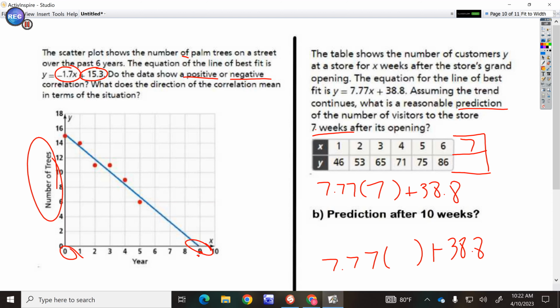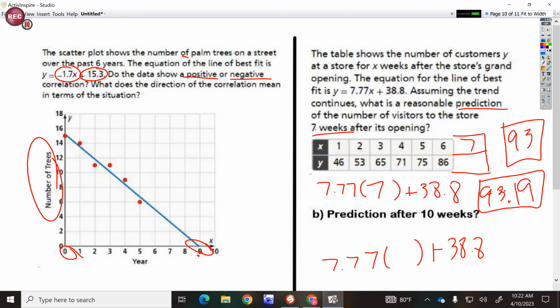What's 7.77 times 7 equals? Don't say it. Don't say it because we still have to do what to it? Plus 38.8. Now give me the answer. 93.19. So we're going to round off to 93.